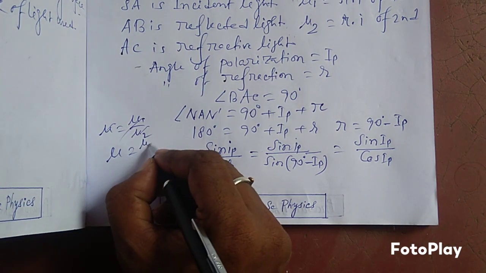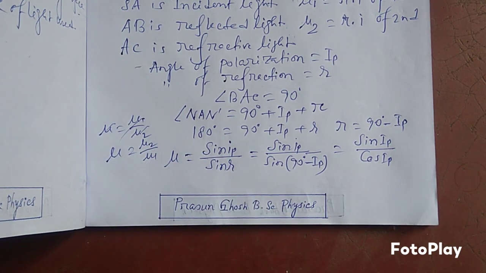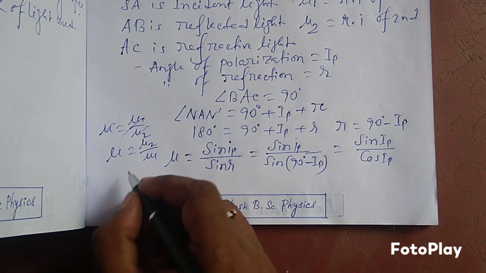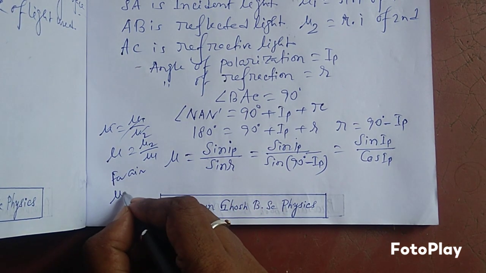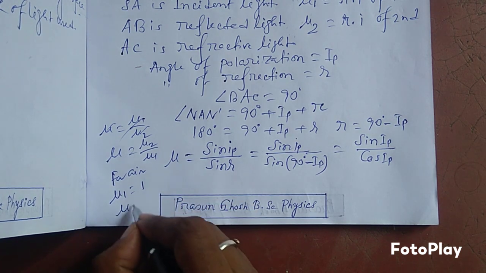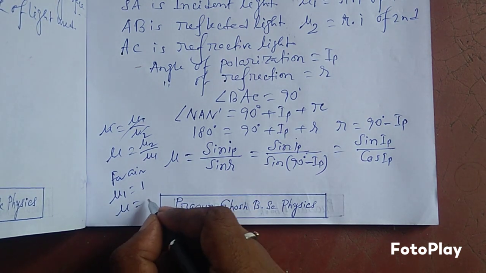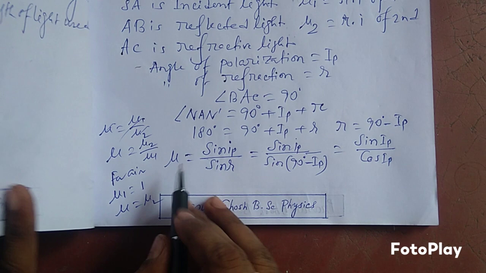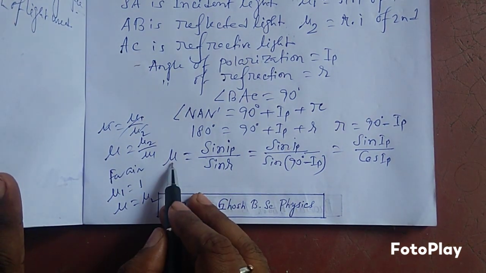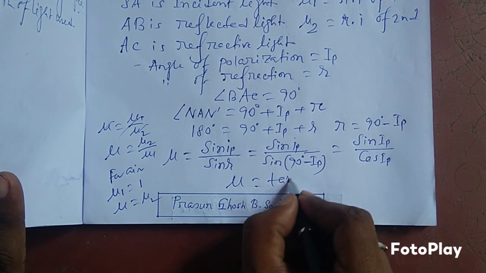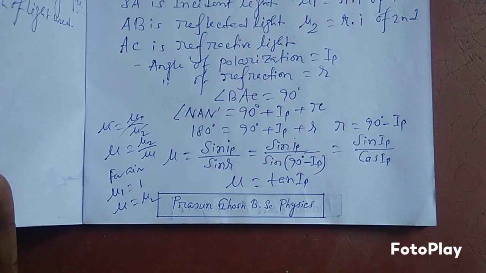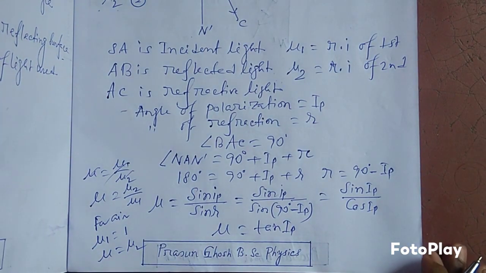So mu equal to mu2 by mu1. For air, mu1 equal to 1. So mu equal to mu2, and we get mu equal to tan IP. So this is Brewster's law.